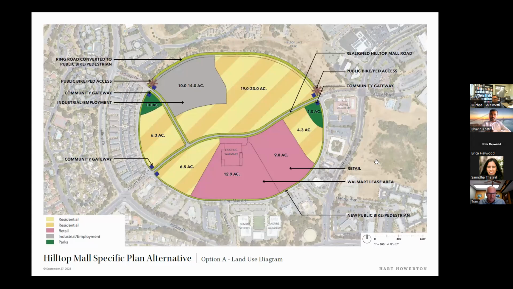So we came into the process after the city started the Horizon specific plan. And one of the ideas that they showed us in some of their alternatives was a realignment of Hilltop Mall Road. So for all intents and purposes, they would take the section from Klaus to Hillview and convert that to a non-roadway.